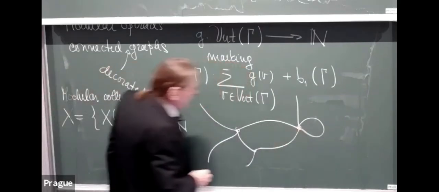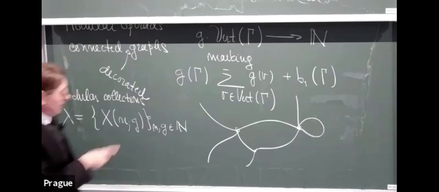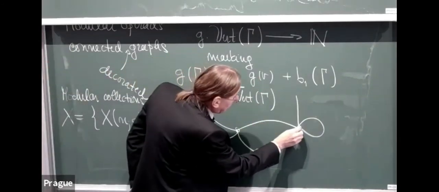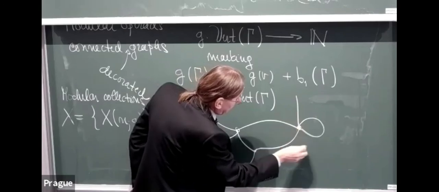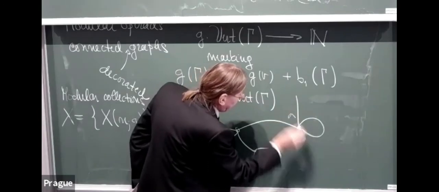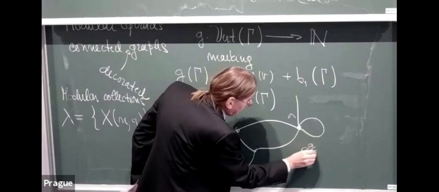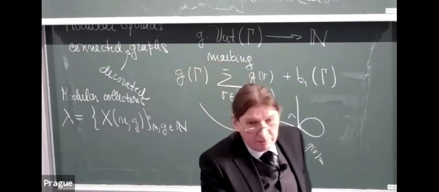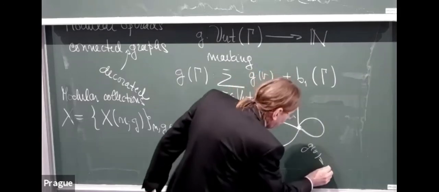And what about the decoration of vertices? This is a marked or labeled graph. Let's say that this fellow is labeled, so this is a v. Let's say that g_v is, what is your favorite number? 5, okay, is 5.